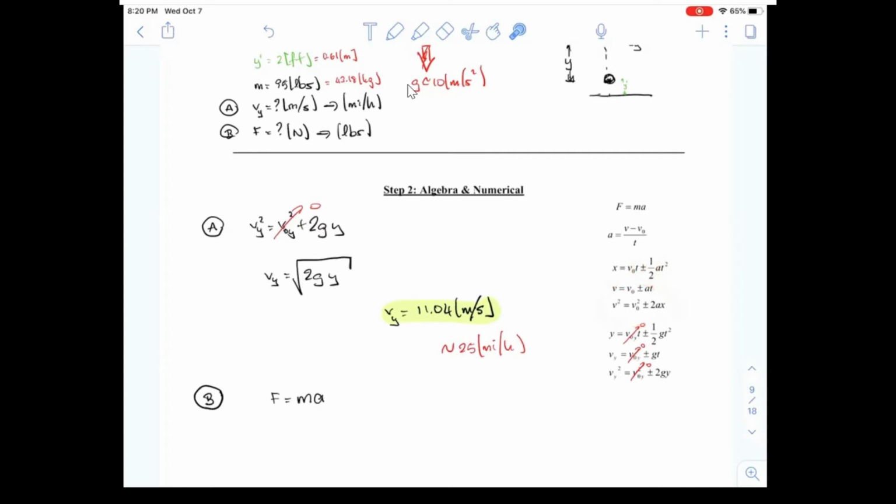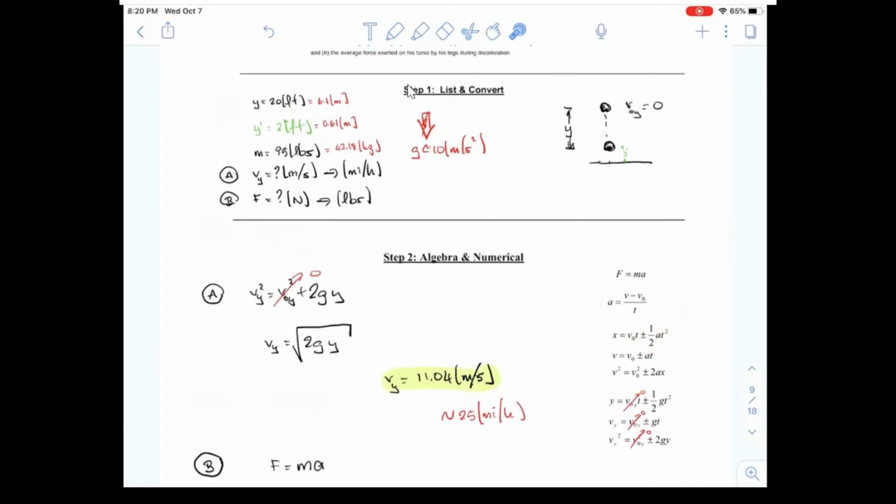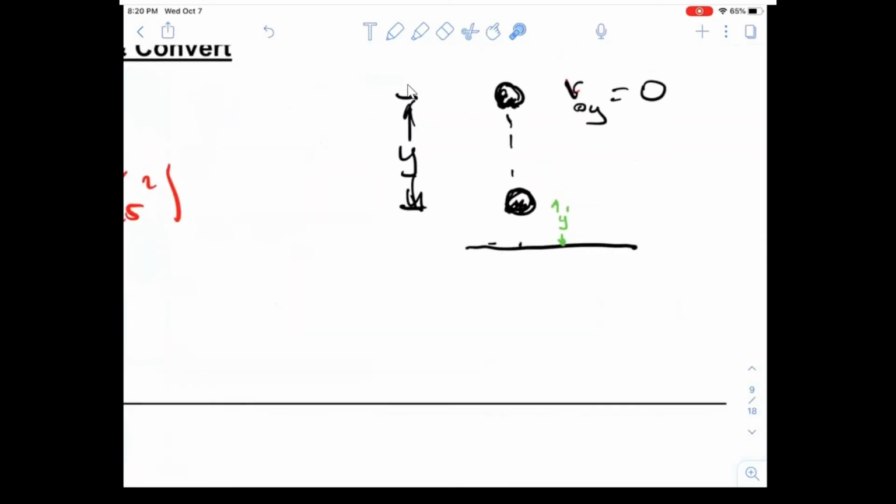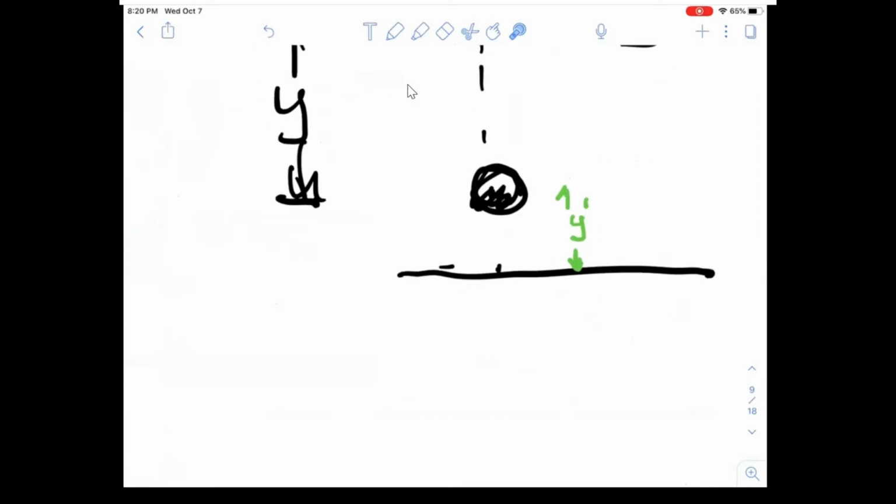All right, so what happened here? Right at this point, your feet are going to touch the ground. Right here, your feet are going to engage, and then you're going to bend your torso. At this point you're already moving in the downward direction, so you have this velocity in this direction. The final velocity becomes your initial impact velocity.